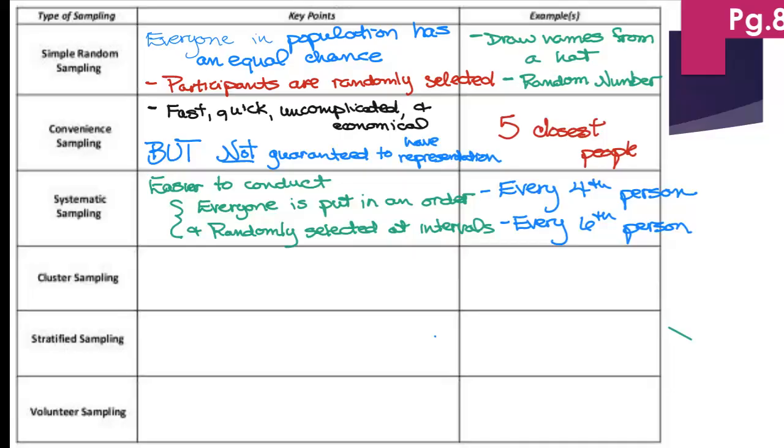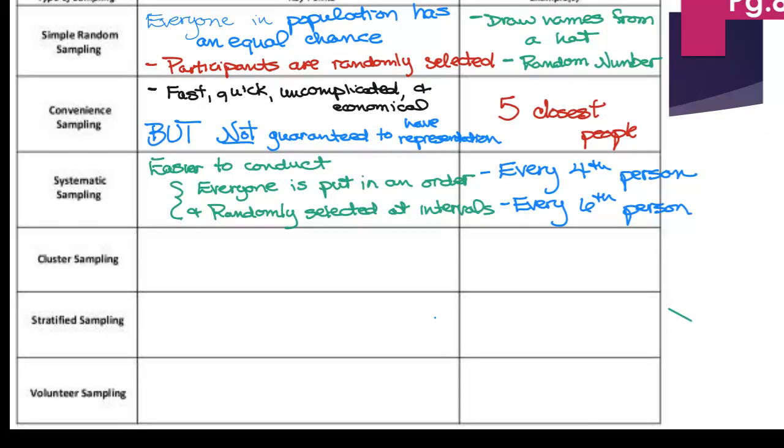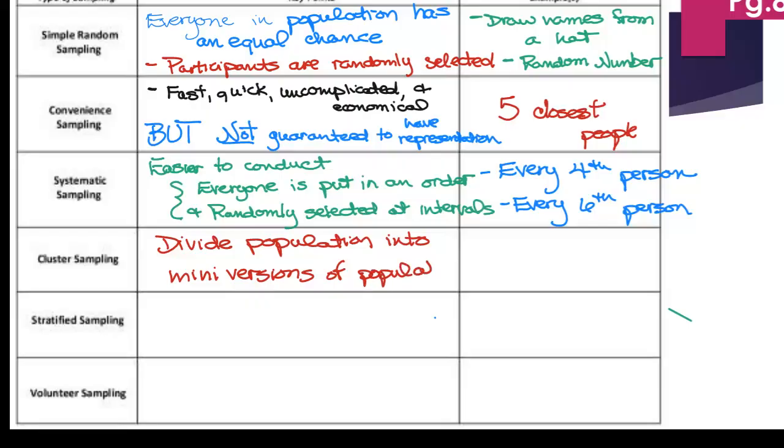All right. Cluster sampling. Cluster sampling is when you divide the population into many versions of the population.